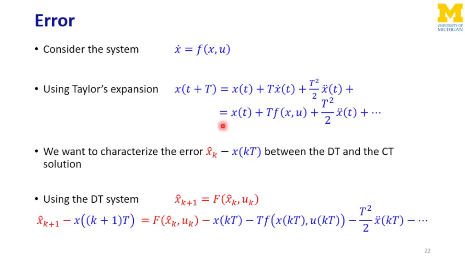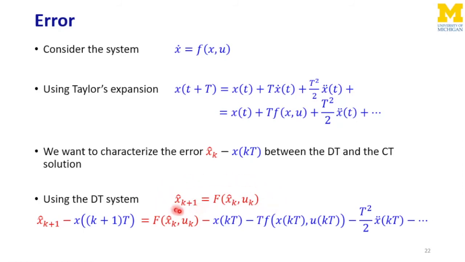Now, to look at the error, we want to characterize the error between x hat, which is the state of the discrete time system, and x at kT, which is the state of the continuous time system. So we want to look at this error, and we want to see how it propagates. So let's say that the solution of the DT system is given by this equation.